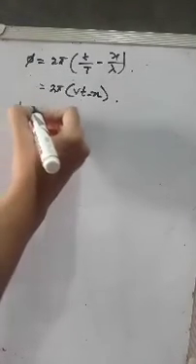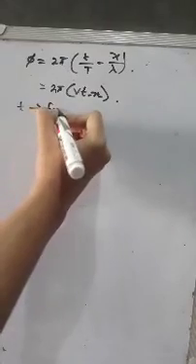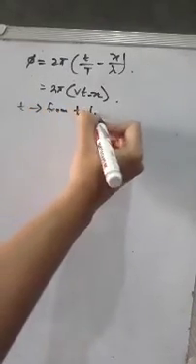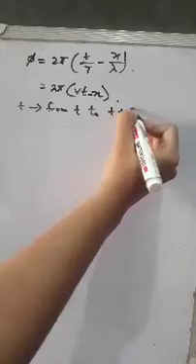So as time changes from t to t plus del t, the time is changing in this interval, so the phase of the wave changes from phi to phi plus del phi.